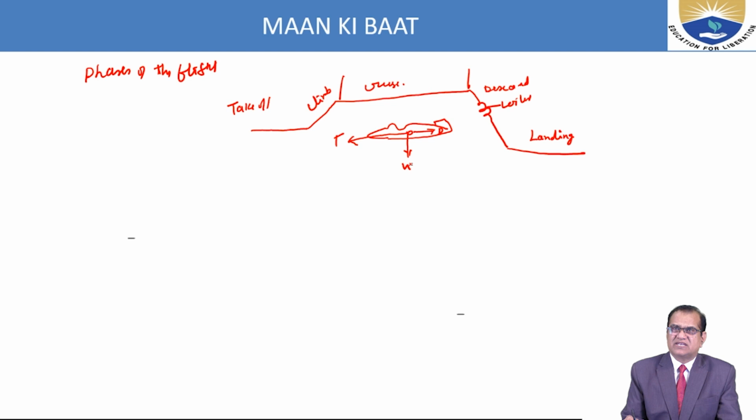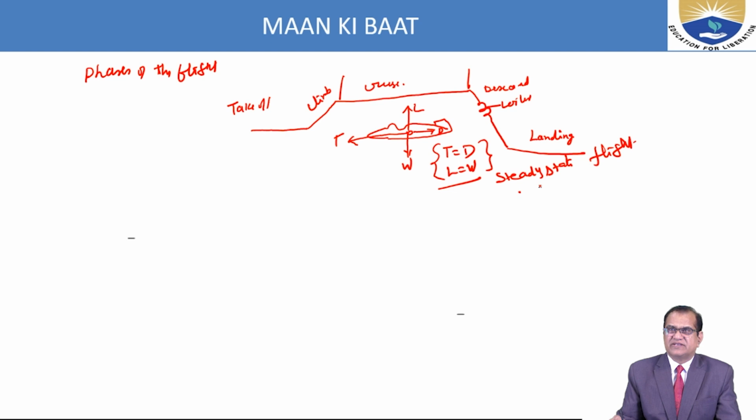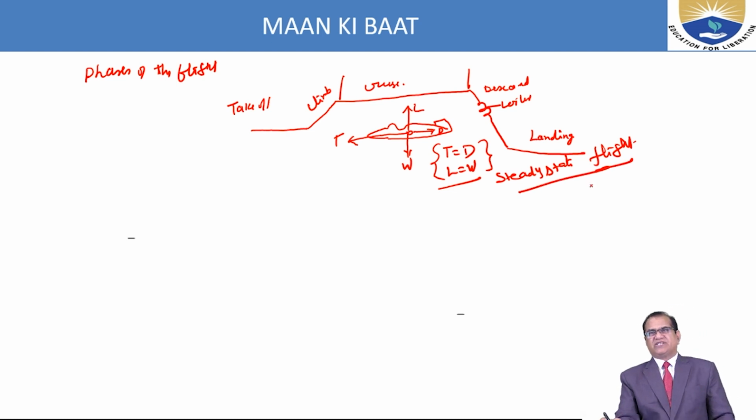There is a weight. There is a lift. So thrust is equal to drag, lift is equal to weight. So this is the equation for steady state flight. There is no acceleration in this type of flight.